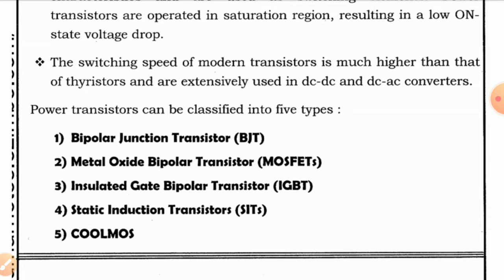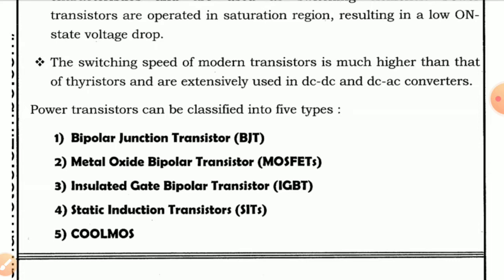That is bipolar junction transistors, BJT, which you already studied in the previous semester in analog electronic circuits: the characteristics of the BJT, how the BJT operates, and what the applications of the BJT are. Here that is also a type of power semiconductor device or power transistor.